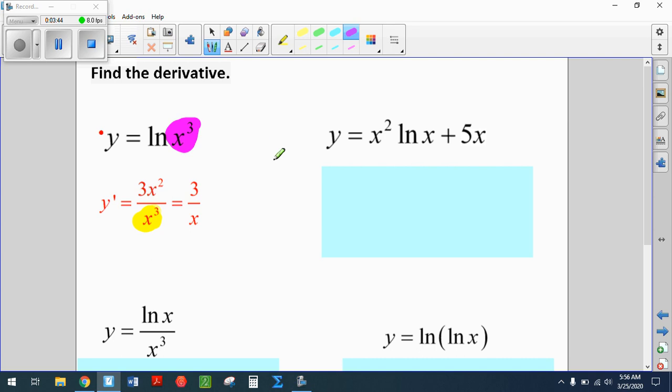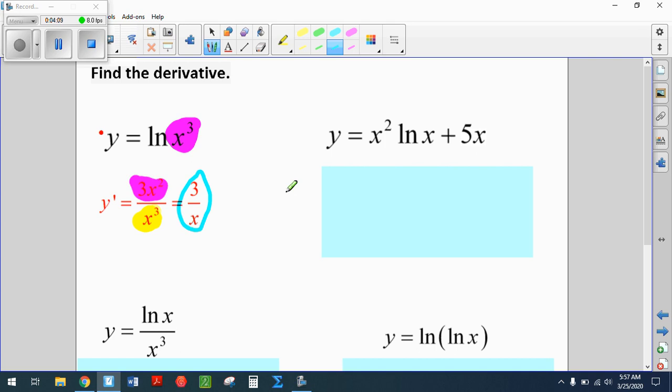So the derivative of natural log x to the 3rd is 1 over x to the 3rd times the derivative of x to the 3rd. Well, the derivative of x to the 3rd was 3x squared. Now, when that simplifies, we still get the 3 over x, which is what I did on the other program I pulled up. Kind of to show you that whether or not you use properties of logarithms first or not, you can get the same answer.